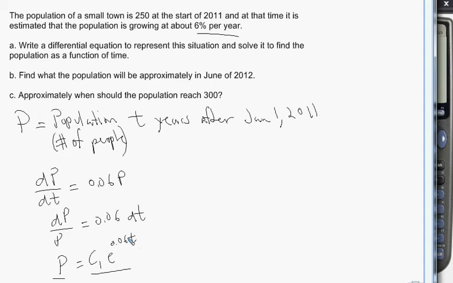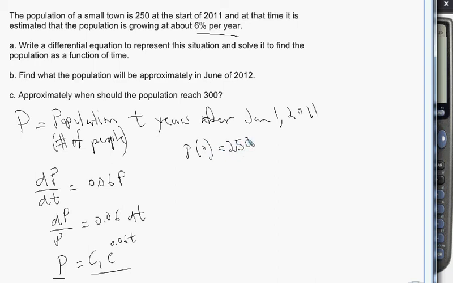And of course, we can do that because we know at the beginning of 2011, that's January 1st, 2011, it's been 0 years since January 1st, 2011, and we know that there's 250 people. So we know that P of 0 equals 250.